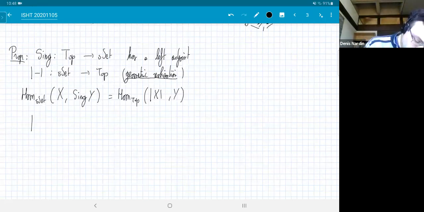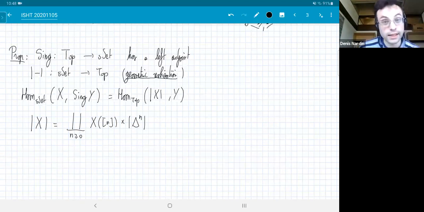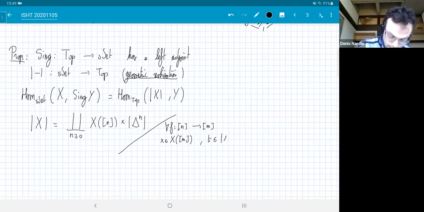The geometric realization of X is obtained by taking the disjoint union over all objects n in delta of a copy of the topological n simplex for every n simplex of X. And then I'm quotienting out by a certain equivalence relation, which says that for every f from n to m, every map in delta, and every x in X_m, and every t in the topological n simplex, f upper star of x comma t is x comma f of t.